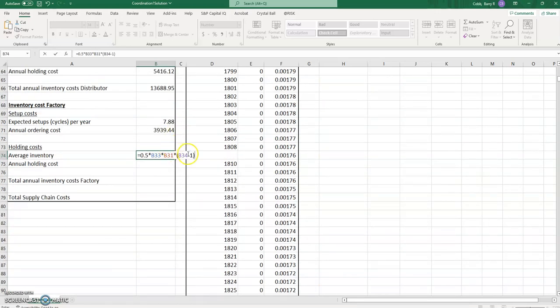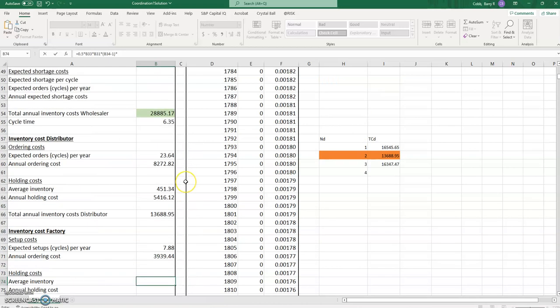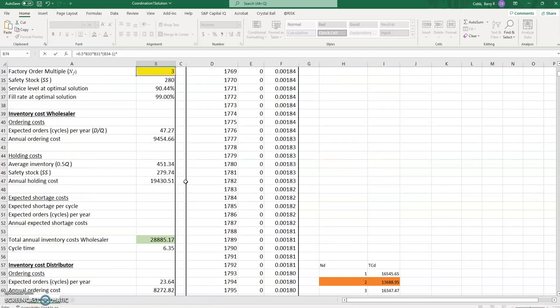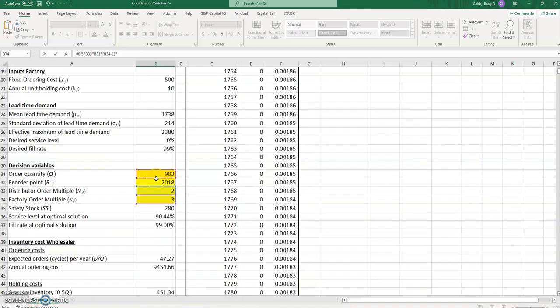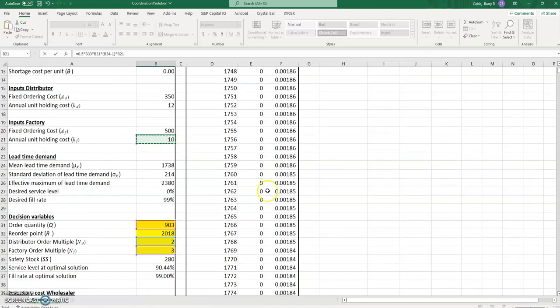Now, we reduce the factory's multiple by 1 because for the first multiple, the first ND times Q units, the factory is just going to pass that directly on to the distributor. And so then we would multiply this times the factory unit holding cost.